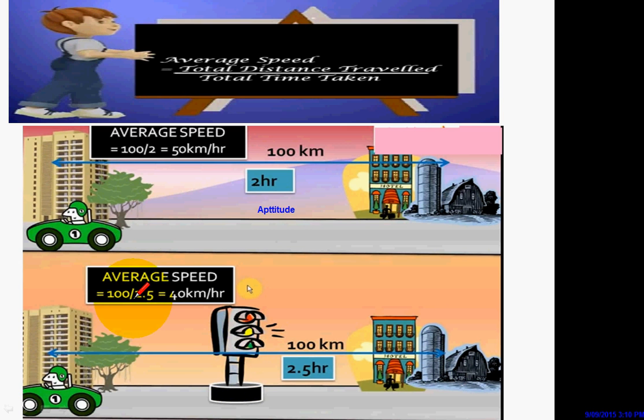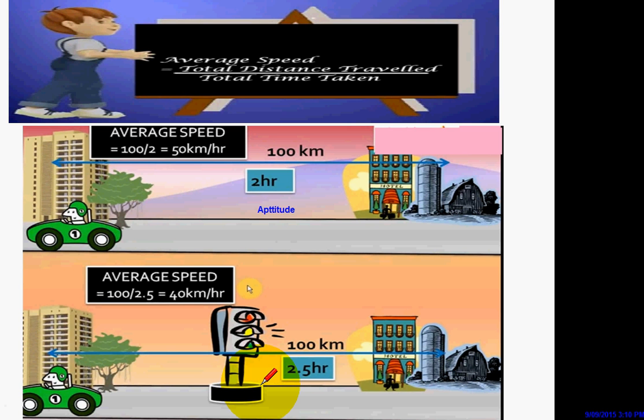So from the hotel to the building, again the distance is constant, say it is 100 km, but here the time taken by the car is 2.5 hours instead of 2 hours, because nearly 30 minutes the car has wasted waiting at the signals. It has one or more signals to cross, so it has wasted 30 minutes in waiting.